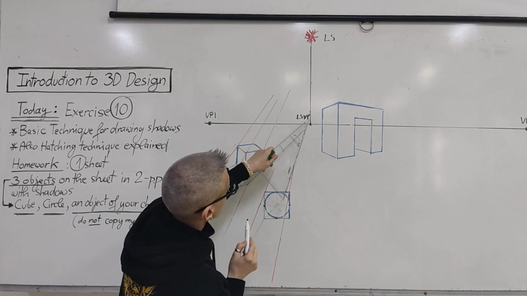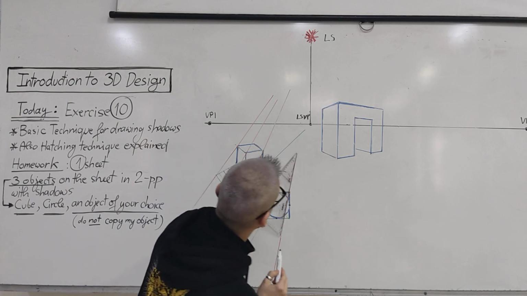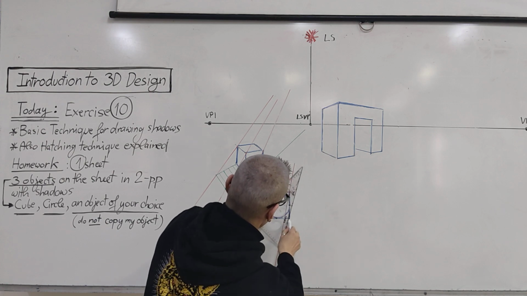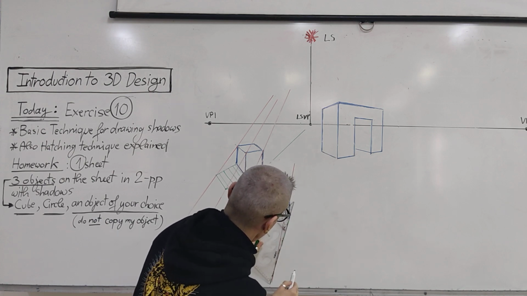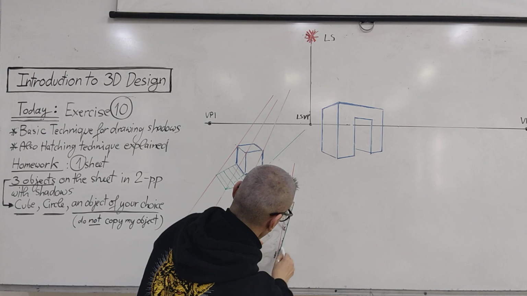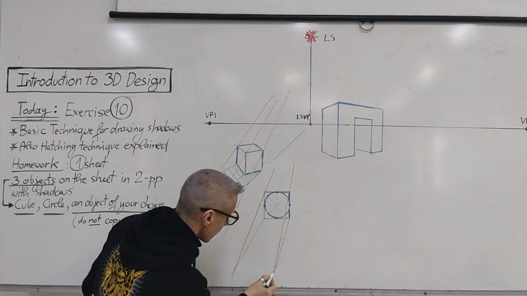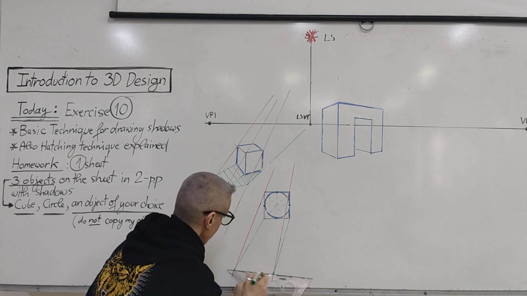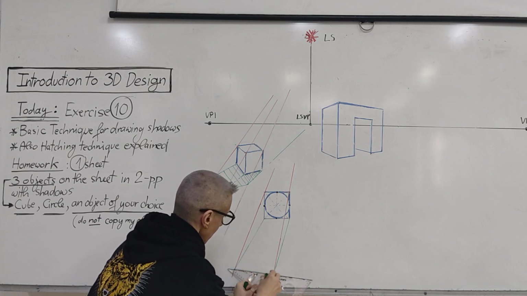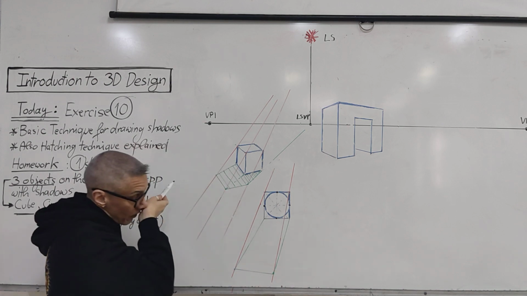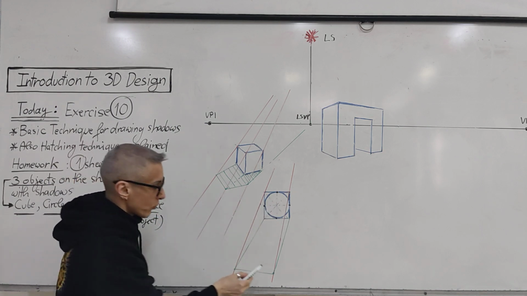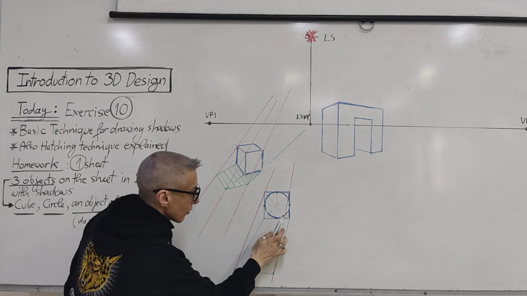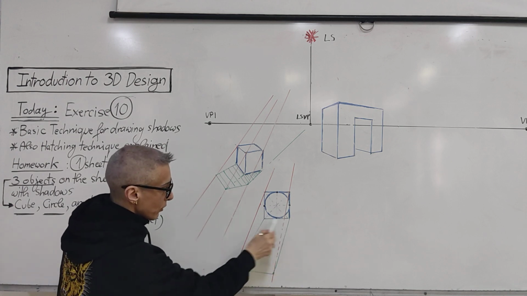Here the same thing, from the light source vanishing point, and see where they will intersect. This here we will connect. Now, the shadow of the square is this. Okay? This one with the green.